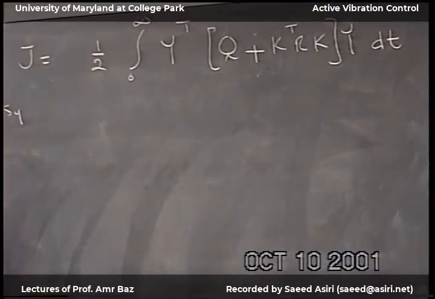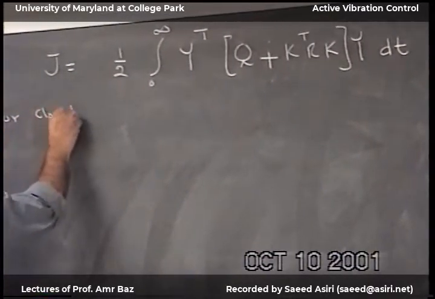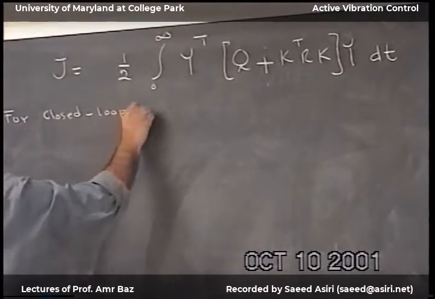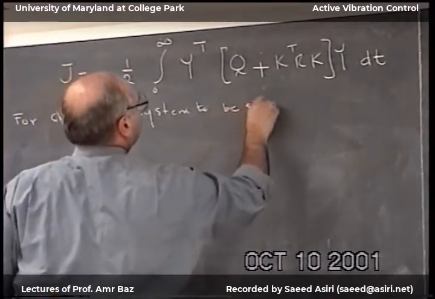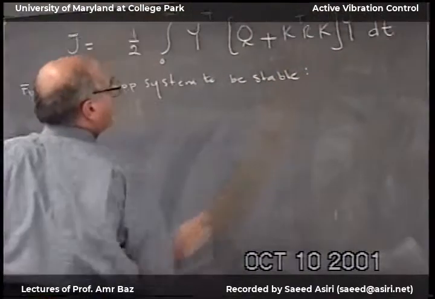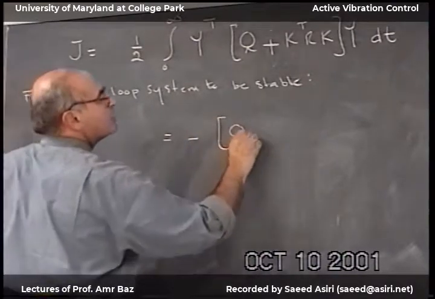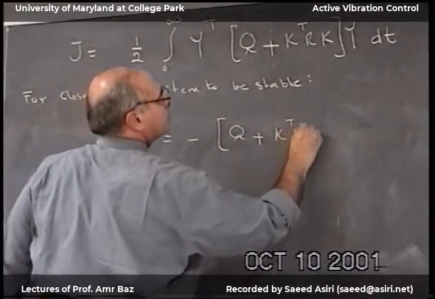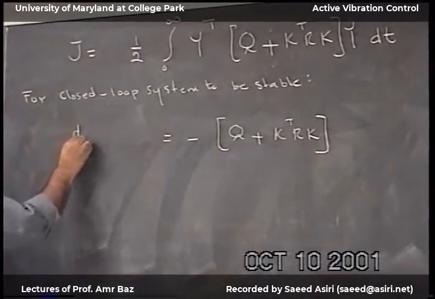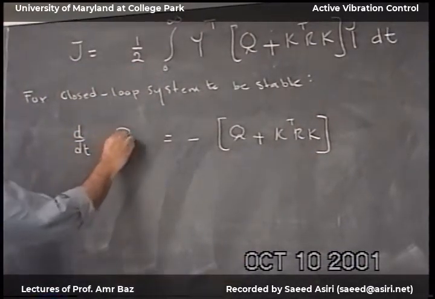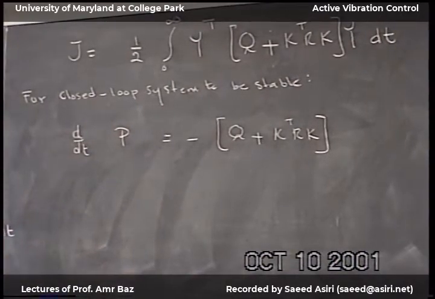And then now I'll say for the closed loop system to be stable, then we'll have minus q k transpose rk is equal to d by dt, and then exactly like what we've done in the LQR.